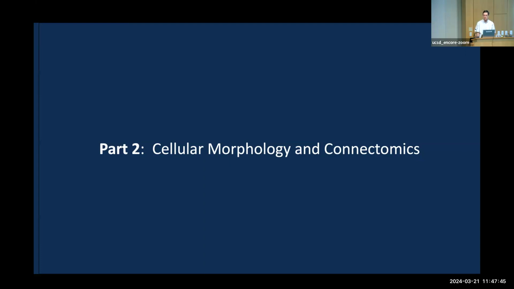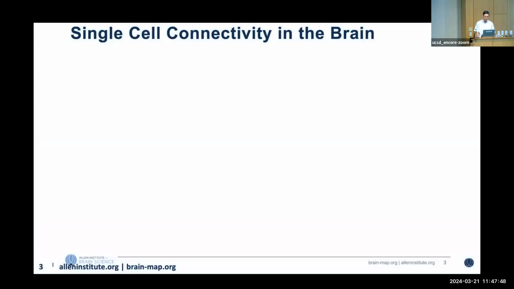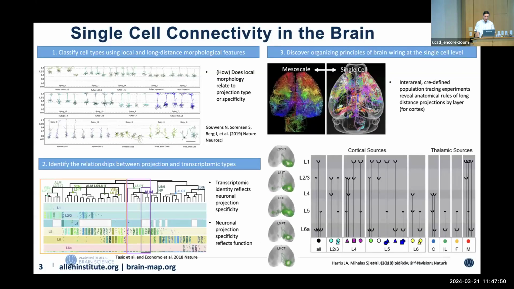I'm going to blast through this pretty quickly. As I said before, these are the kinds of patterns you tend to see. The soma and the dendrites will tend to be locally in one layer.